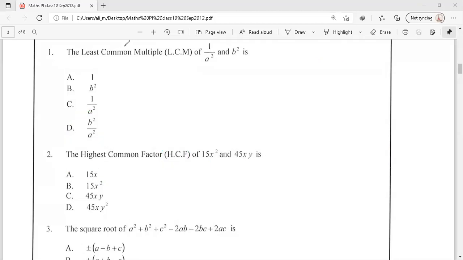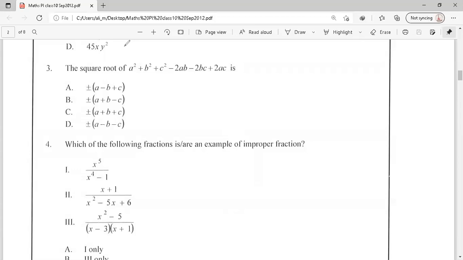Then we have to find the square root of this whole expression. So if we can recall, we have studied the factorized form of this expression, a square plus b square plus c square minus 2ab minus 2bc plus 2ac.